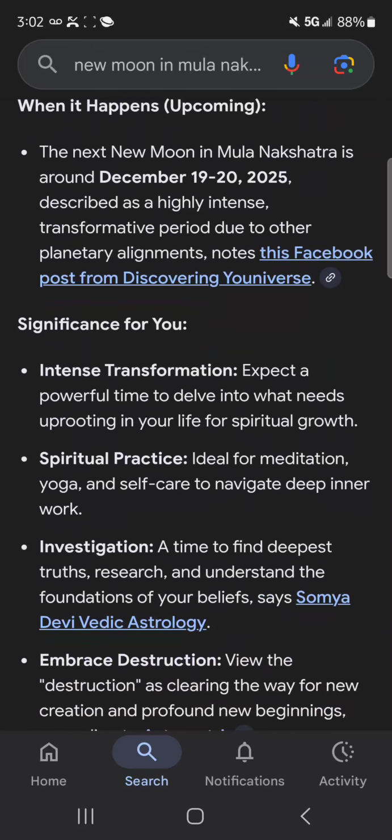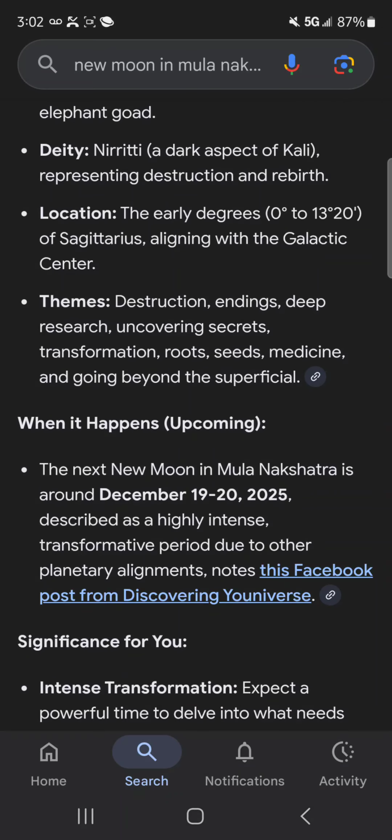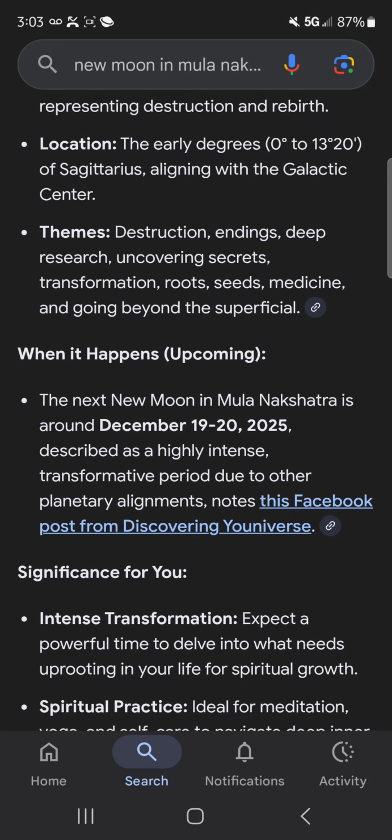And just going back to 3I/ATLAS, we know that its origin is from the Galactic Center. So how crazy is it that it's hailing from the Galactic Center, and now when it's making its closest approach to Earth on the 19th, we just so happen to be entering the new moon in Mula Nakshatra.